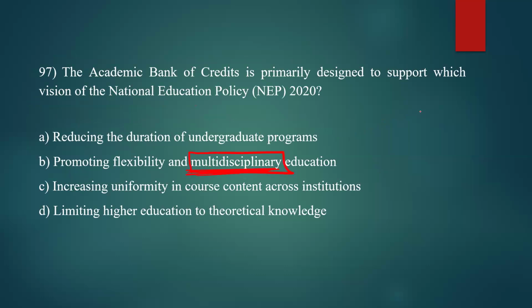A 68-page proposal is given in NEP, and in 54 of those pages they are mentioning the same word, multidisciplinary. So NEP is completely concentrating on multidisciplinary. Whenever you see multidisciplinary anywhere, you can say it is related to NEP 2020.